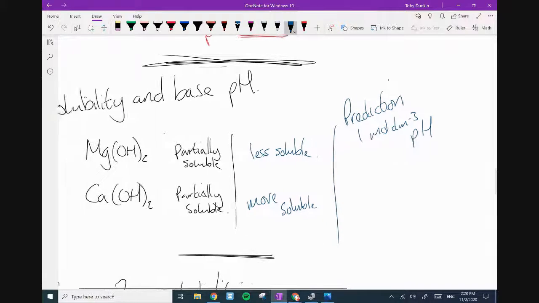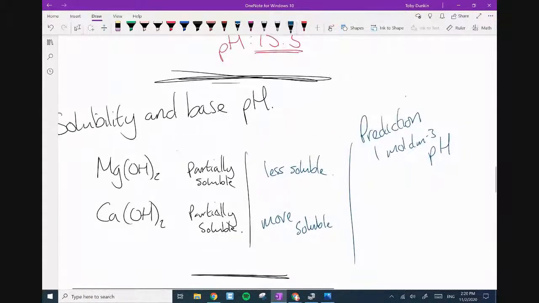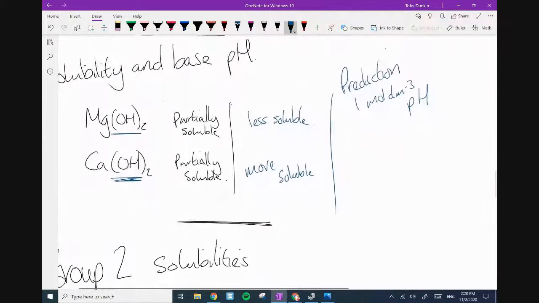What prediction do we make? Number 1 is we know they're bases. Anything with hydroxide ions is a base. The pH is going to be above 7. Although we're making a massive educated guess here, increasing lattice dissociation is greater than decrease in enthalpy of hydration. I'll send you the notes later.